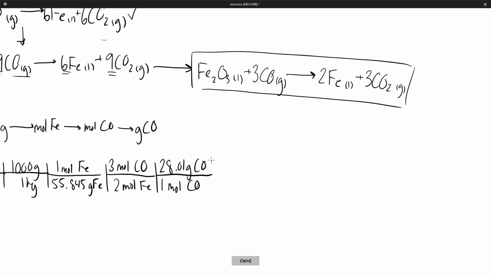Okay, so doing all that, we should get a value of 33 million 900,000, or 3.39 times 10 to the 7th grams of carbon monoxide.